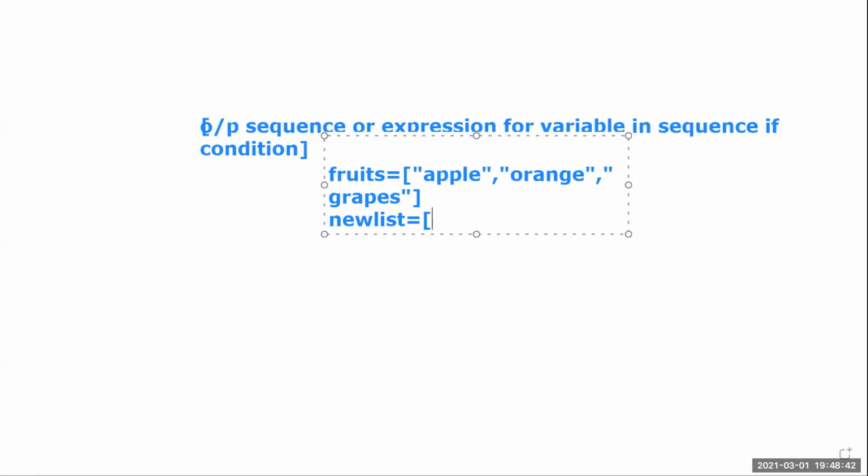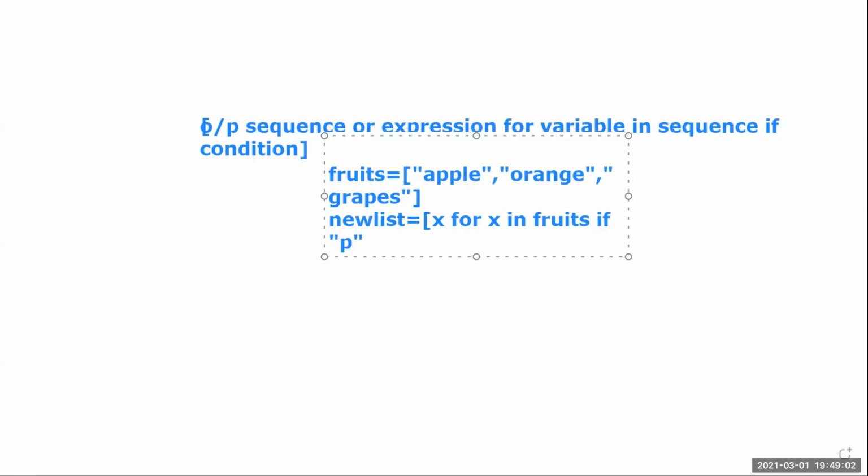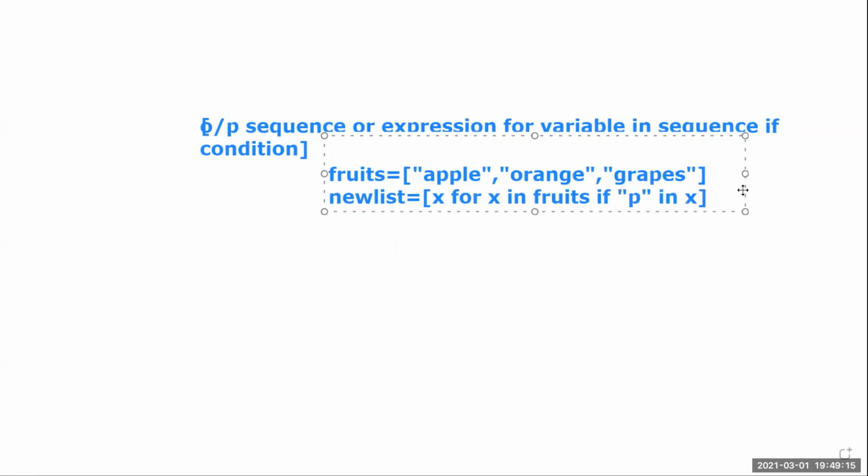I am just taking X. For each X in fruits, that is my sequence, what is the condition? If P in X. Okay, so this is the syntax I am going to follow, and I am just going to print the value of new list.